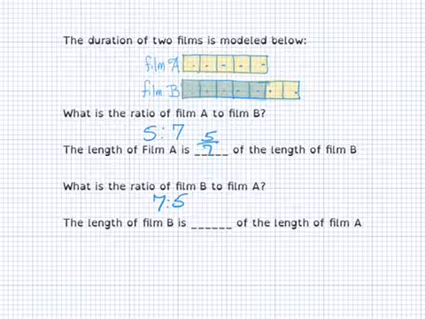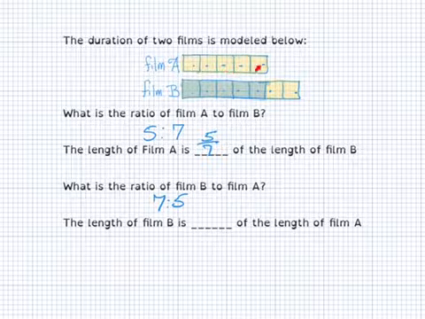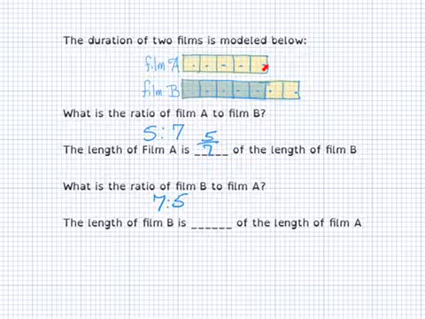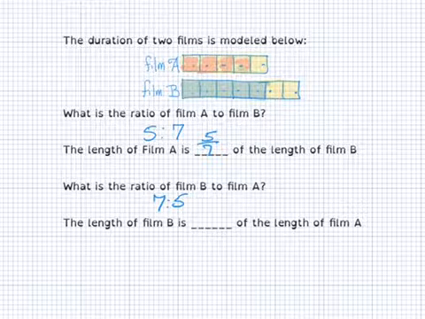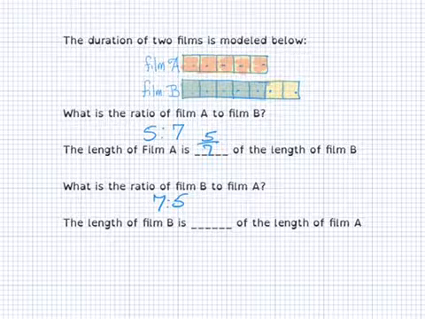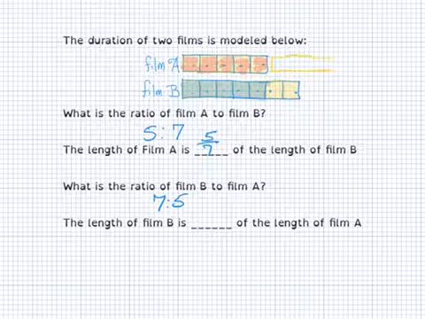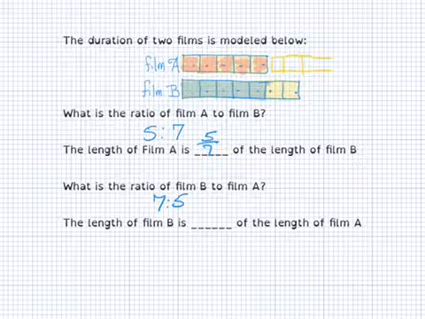A is made up of 1, 2, 3, 4, 5 parts. So I want to know how many times this will go into there. So let's go ahead and make a drawing. Well, we know that there's 7 here. So 1, 2, 3, 4, 5, but I still have to get these 2 others, 6, 7. So we're going to draw another grouping of 5 just so that it's easier to see. There's 1, 2, 3, 4, 5.